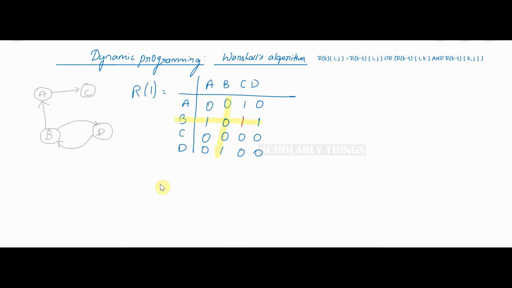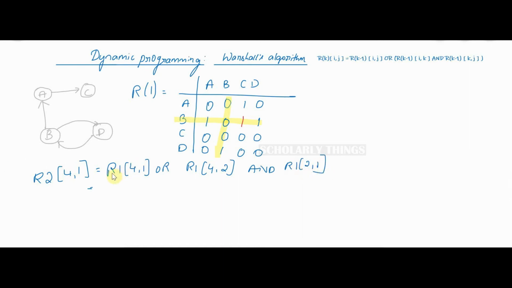For the next round, k is equal to 2. Vertices 1, 2 can be intermediate nodes. R2 of 4 comma 1 is equal to R1 of 4 comma 1 OR R1 of 4 comma 2 AND R1 of 2 comma 1.